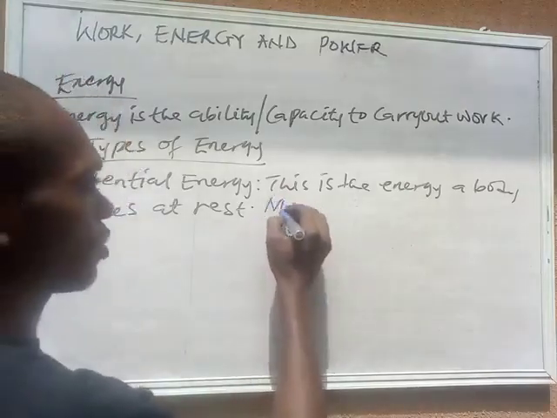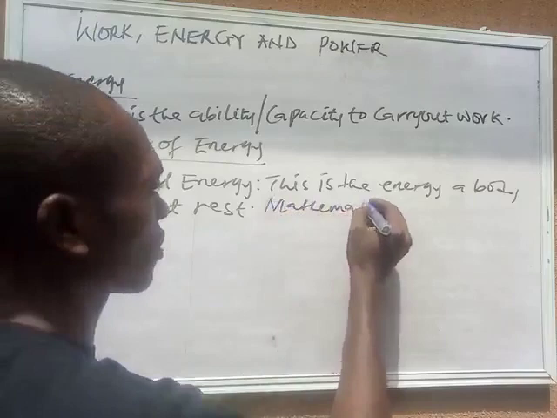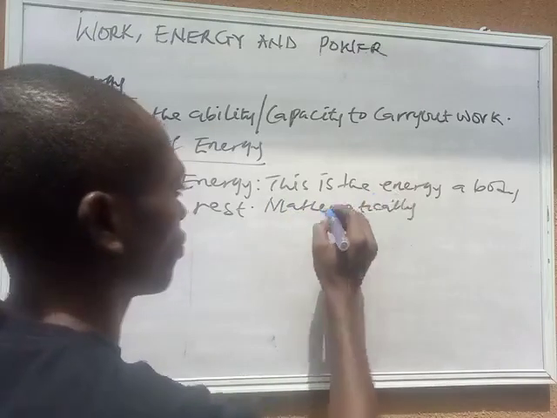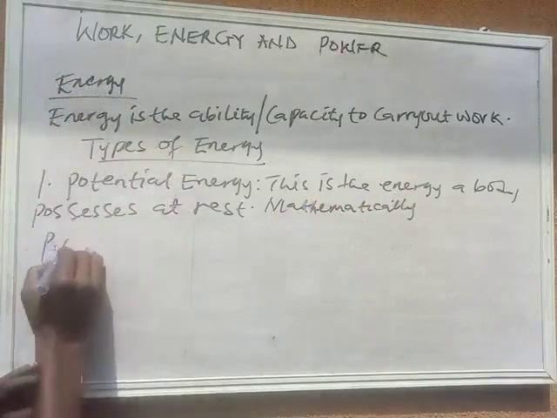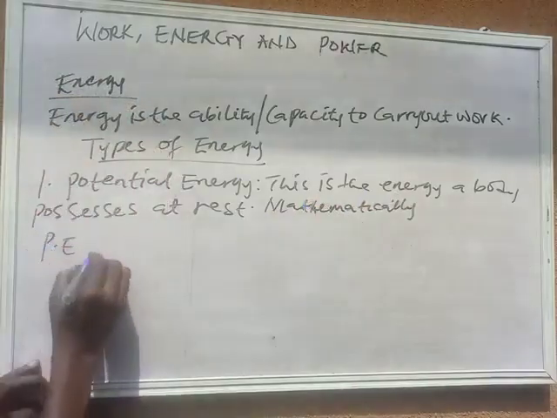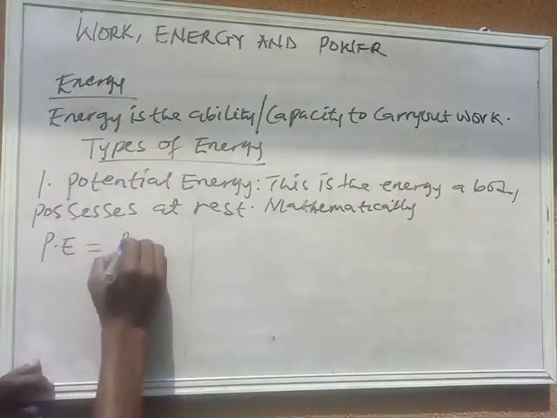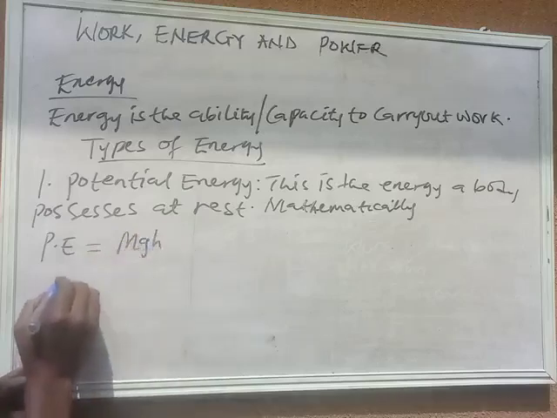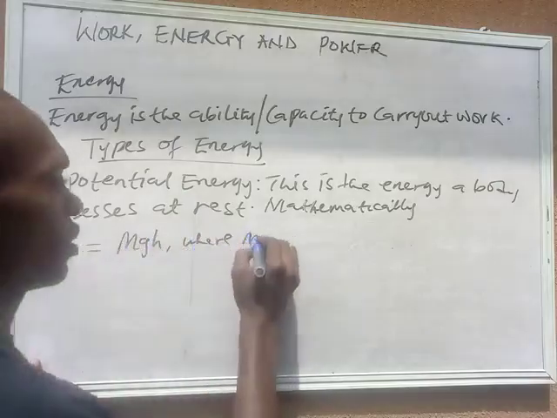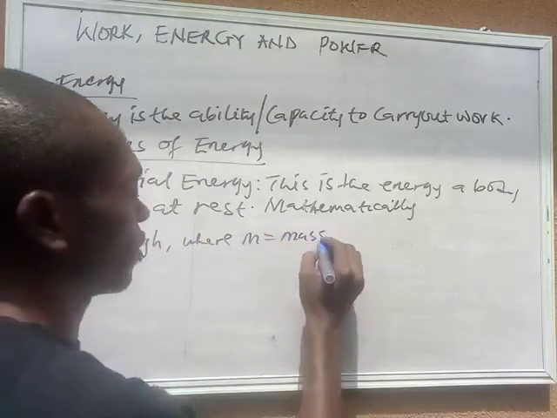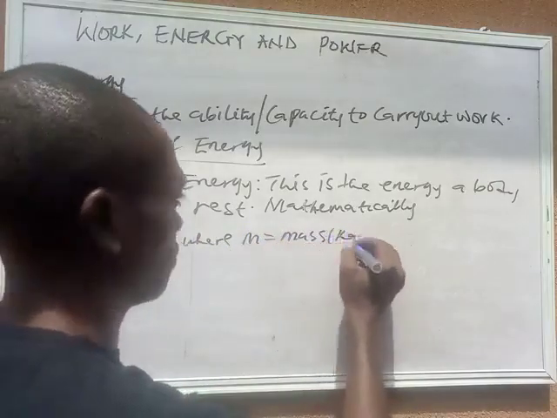Mathematically, potential energy, PE for short, is given as mgh, where M stands for mass, which is mostly in kg.